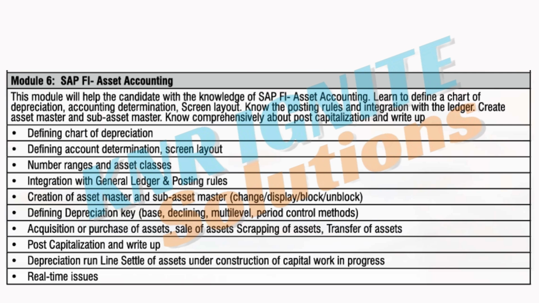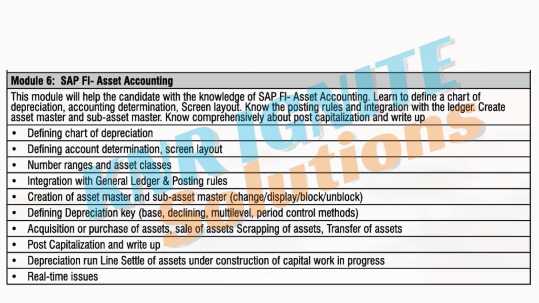You will see the various depreciation keys that we'll define, and also we'll work with capitalization, depreciation, settlements, and work in progress, AUC, and also certain real-time issues which we are going to deal with here.